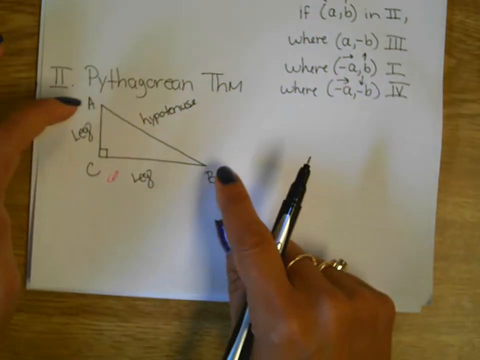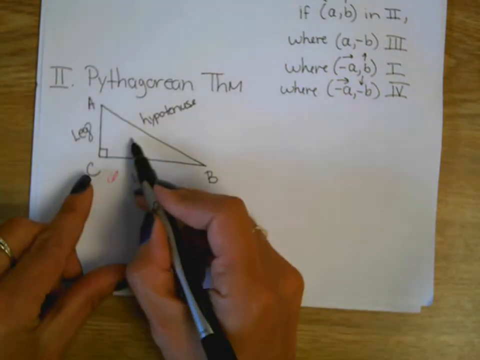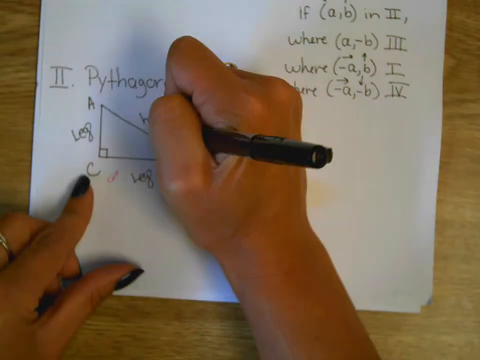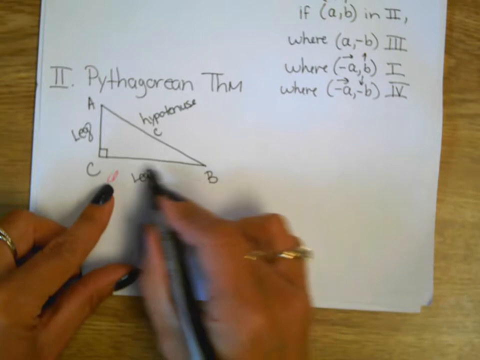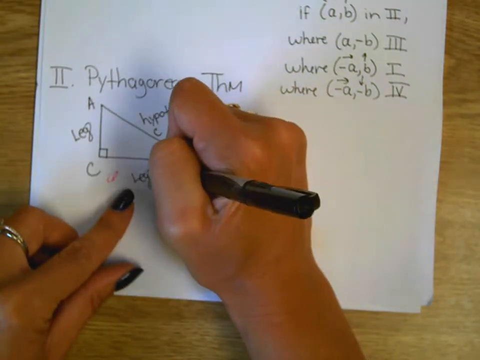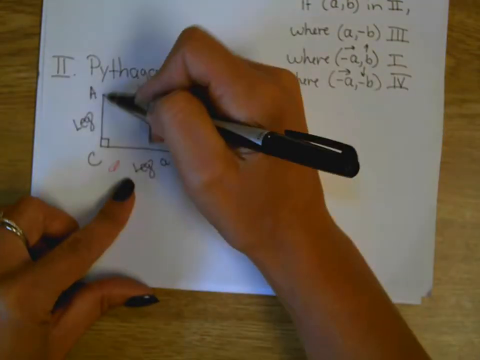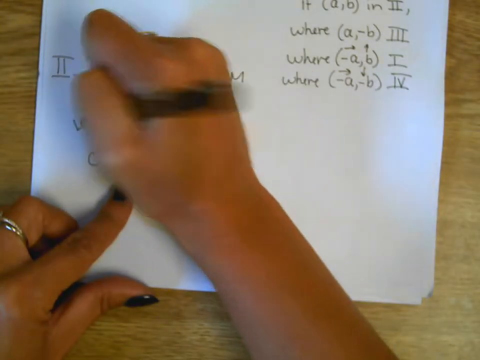We could go with segments, like segment AB, but we could also use the letter across from it, like the hypotenuse, because it's across from vertex C, little c. And the leg down here, because it's across from vertex A, leg, little a. And then this leg here, because it's across from vertex B, leg, little b.